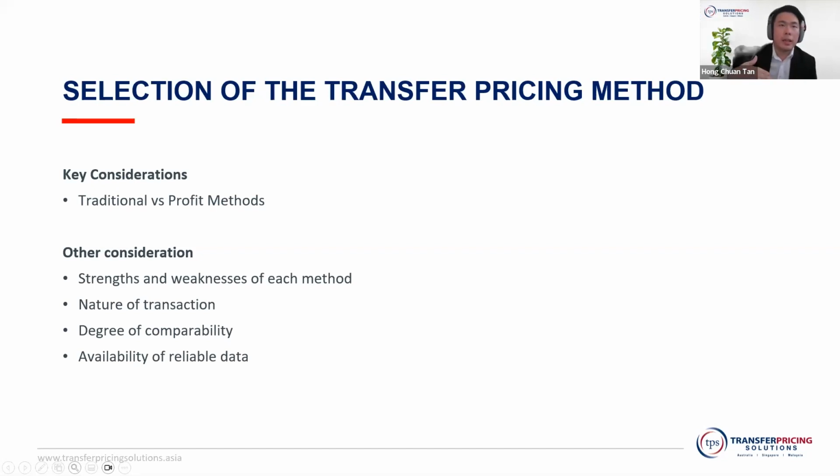After going through that, we need to look at the availability of reliable and relevant data that can be used for the respective methods that you have selected, right? These are the considerations that we need to look at to ensure that during your selection process, you actually select the most appropriate method.